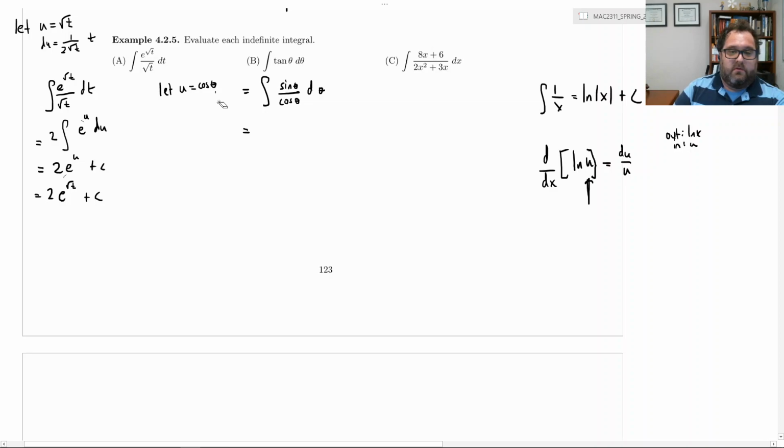Need to scoot over a little bit. du equals the derivative of cosine, negative sine theta d theta. So notice, if we let the denominator be u, then the numerator is almost exactly du. We have sine theta d theta. We just need negative sine theta d theta.